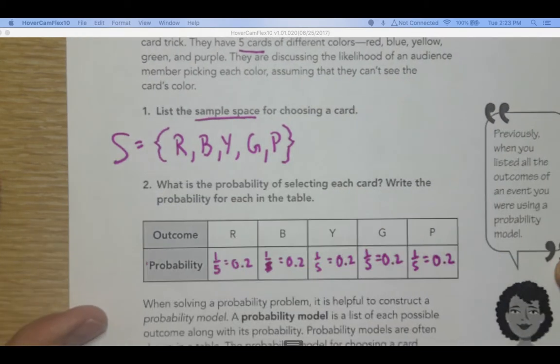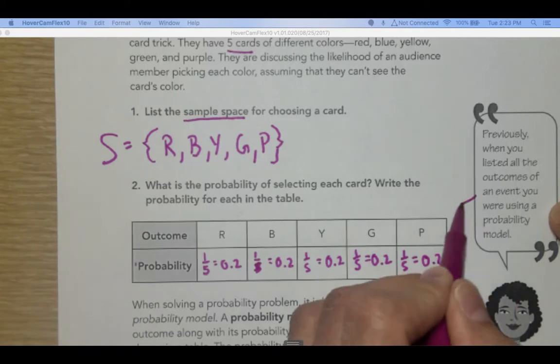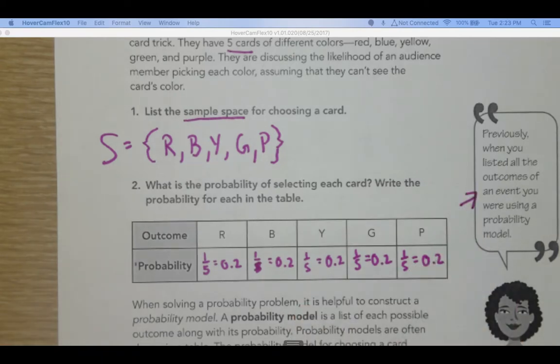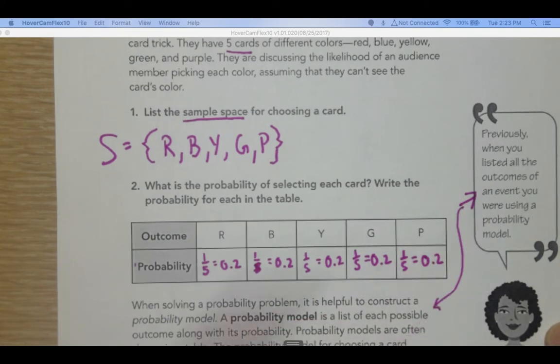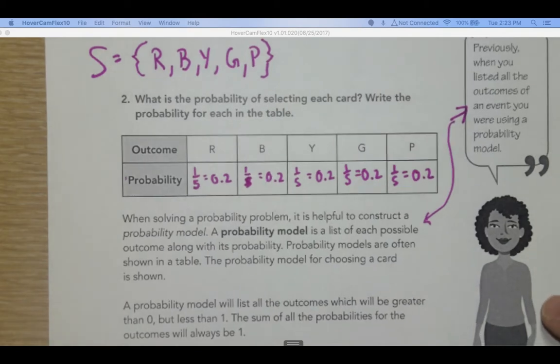Okay. Notice it said previously when you listed all the outcomes of an event, you were using a probability model. And so that's going to tie into what this says right down here. When solving a probability problem, it is helpful to construct a probability model.